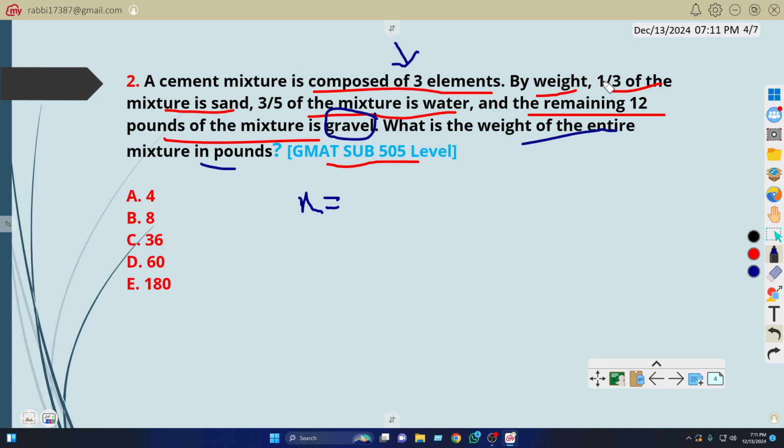The first element is x into 1/3, plus the second element is 3x divided by 5, and the last one is gravel, which is 12.